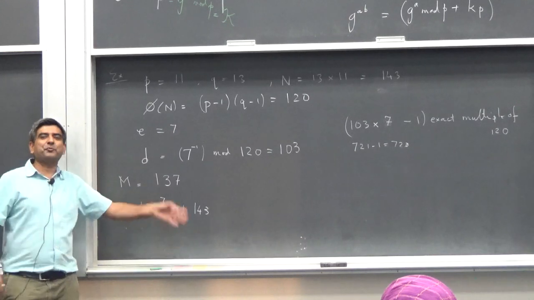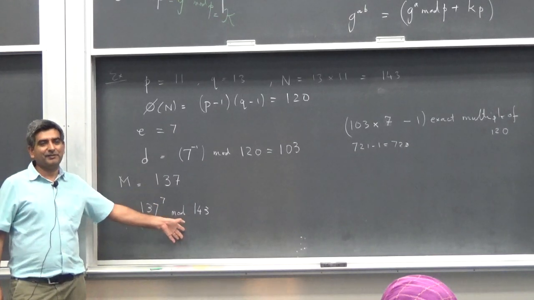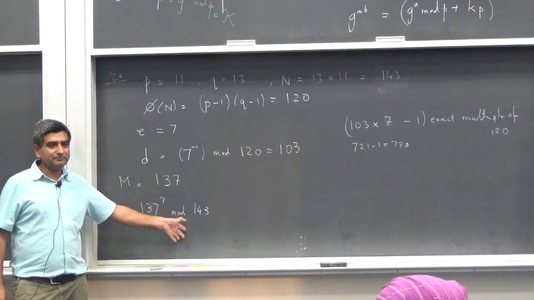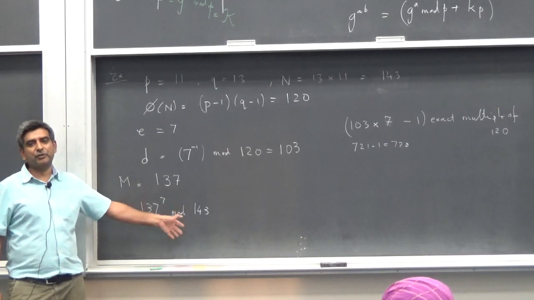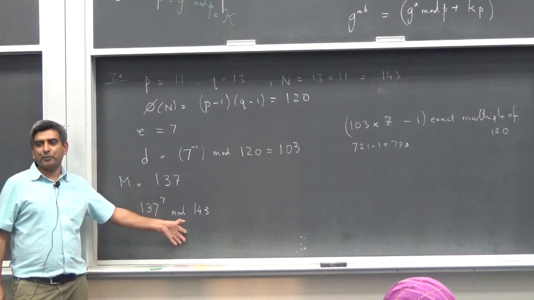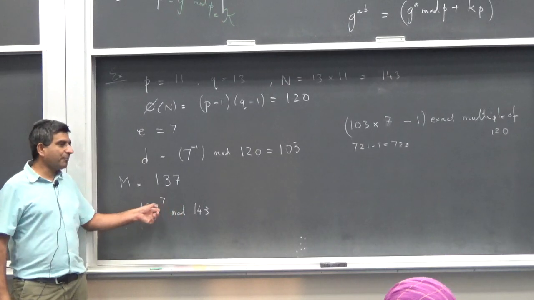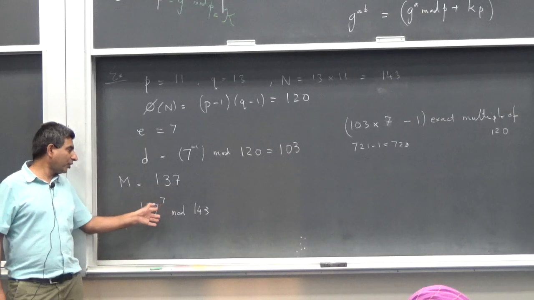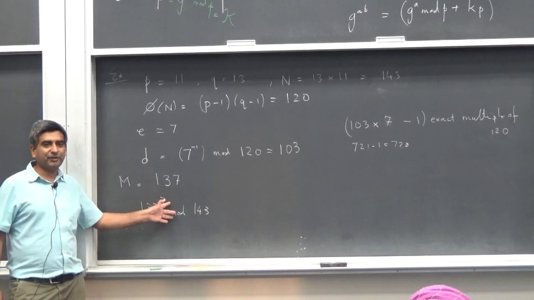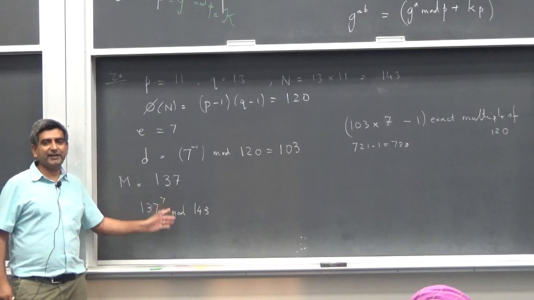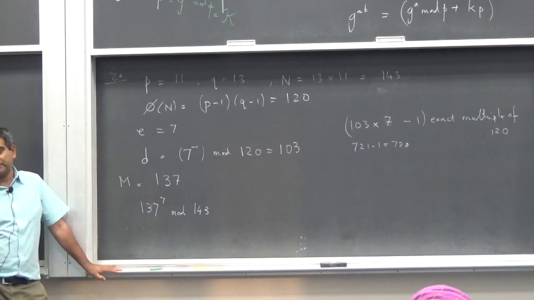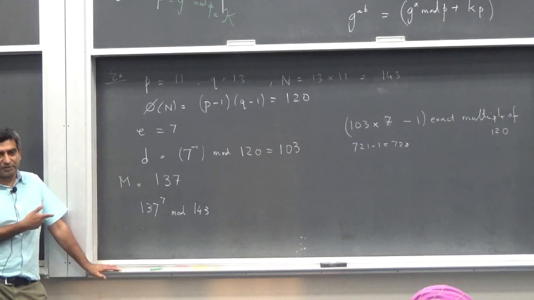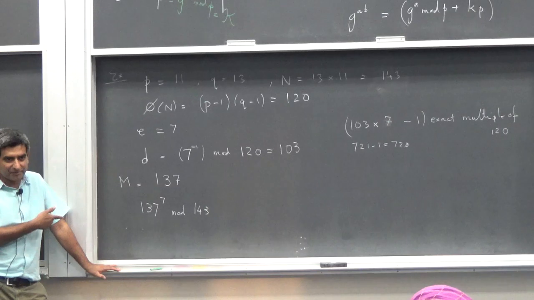But there are efficient ways of doing this as well. There is a square and multiply algorithm, very easy to understand, which gives you a computationally easy and a polynomially scaling algorithm for finding the exponents of numbers. This is not a computationally hard thing. There is an algorithm to do this.